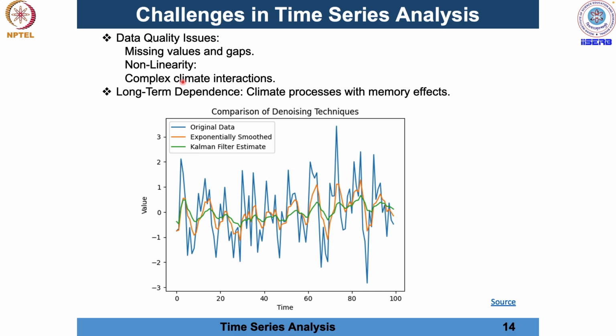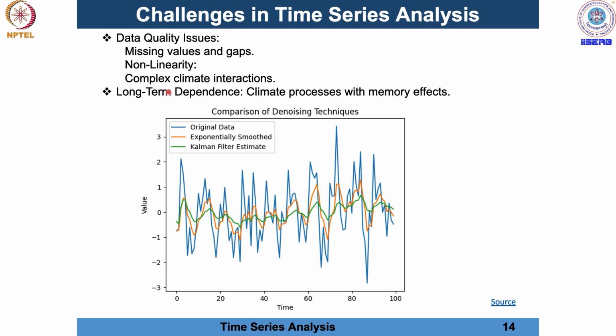In that scenario, when you are looking at that variable with only one other variable, you might miss the complex interaction. You are only finding a one-to-one correlation between two variables. However, it is not a two-variable case. It is basically multiple processes at the same time that are governing these changes. Therefore, complex climate interaction is one of the important areas when we are doing time series analysis.